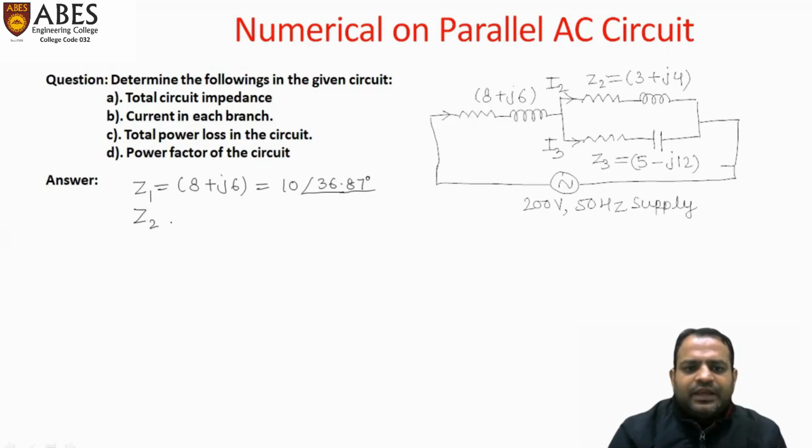Similarly, we have Z2, which is 3 plus J4, that would be 5 angle 53.13 degree.